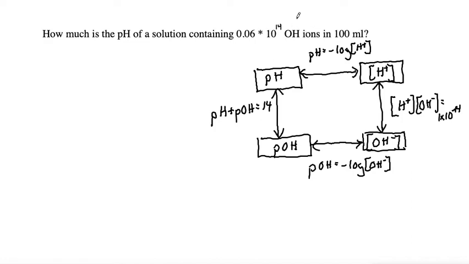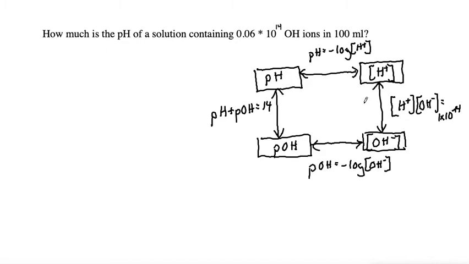Okay, so we have information about OH⁻ ions, and we're trying to get to pH. So this is going to be a two-step problem. We can either find the concentration of OH⁻ ions and go to H⁺ and then to pH, or we can go to pOH and then to pH.